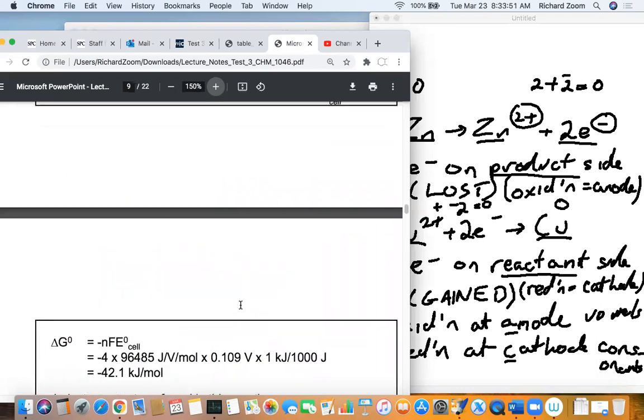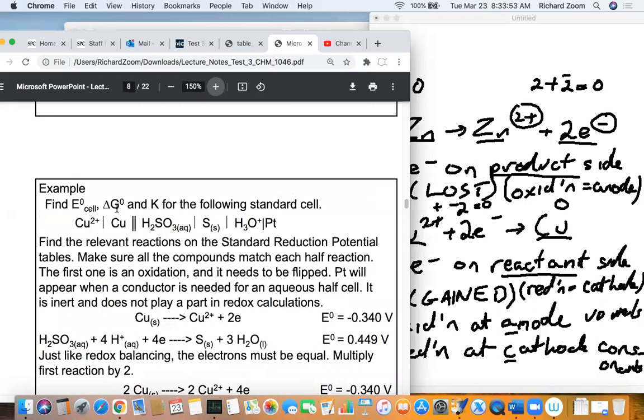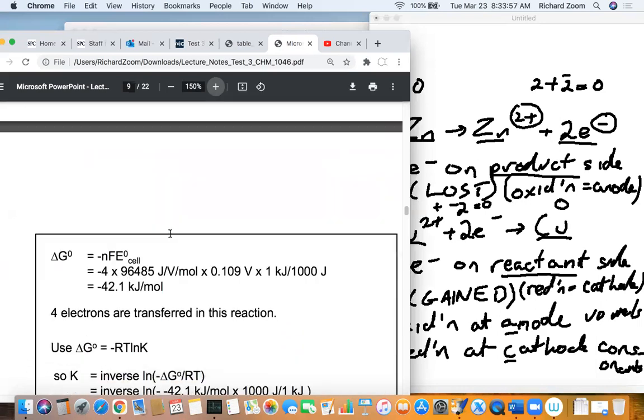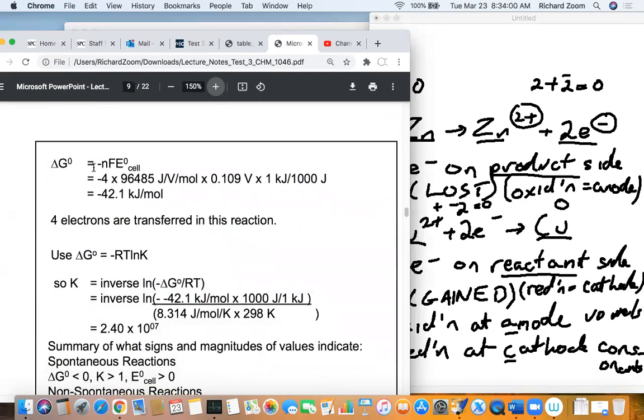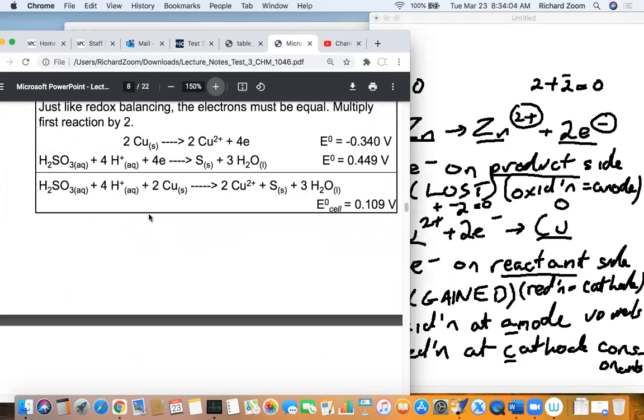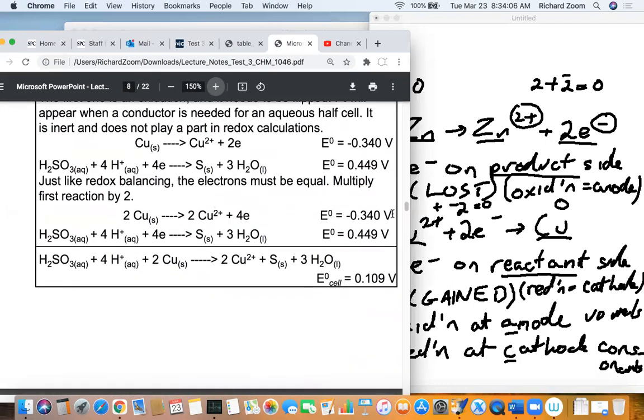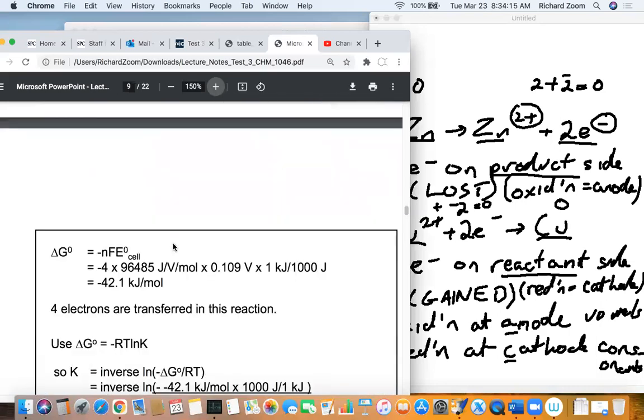So the question here was to find the E naught cell, which we've already done, delta G naught, and K. Now delta G naught is going to be negative nFE naught cell. N is the number of electrons transferred in the balanced reaction. That's the key word there, balanced. We have 4 electrons given and 4 electrons received, so n is equal to 4.